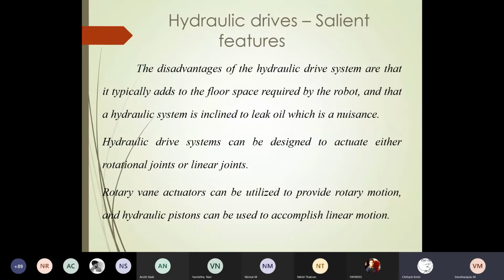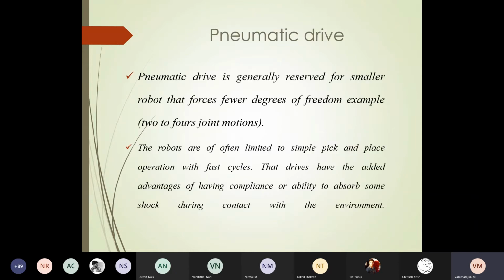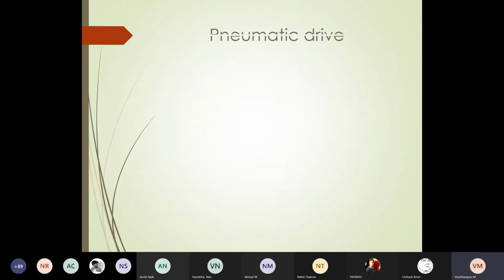We need to add one or two more points. Anyway, very good. Similarly, we need to refresh the continuity equation and gas laws. And when we are talking about pneumatic, there are some things we need to refresh for hydraulic or pneumatic, that is the pumps which are used to actuate the system, whether it may be gear pump, vane pump or piston pump.